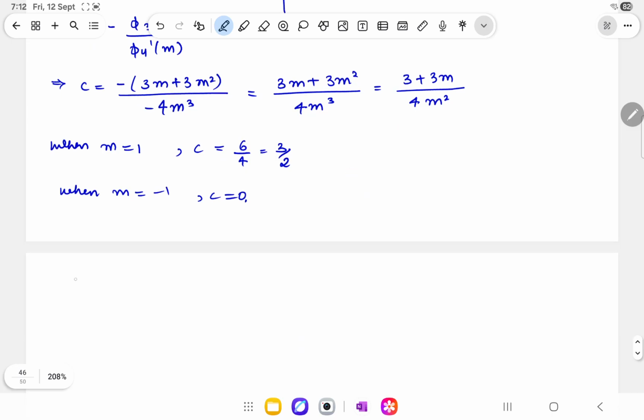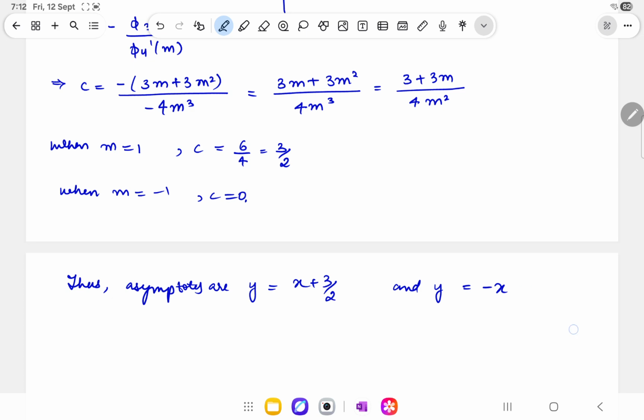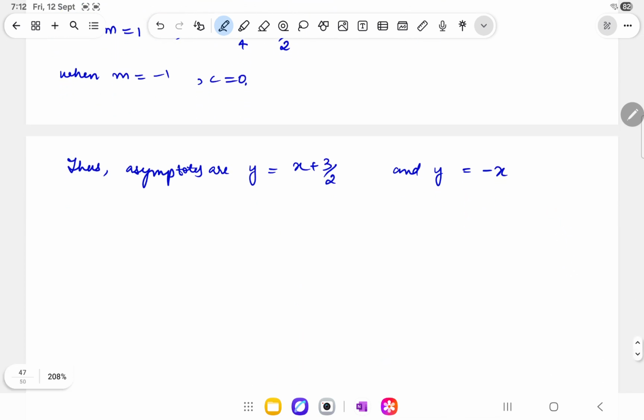So the asymptotes are y equals x plus 3 by 2 and y equals minus x plus 0, that is y equals minus x only. So these are the two asymptotes to the curve.